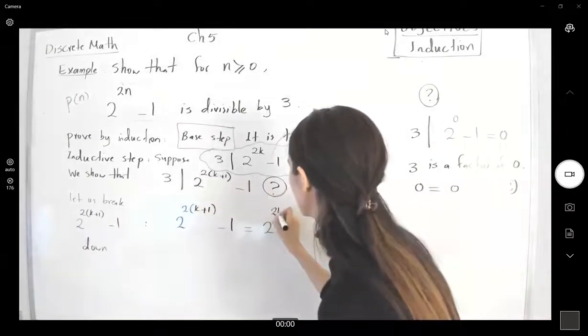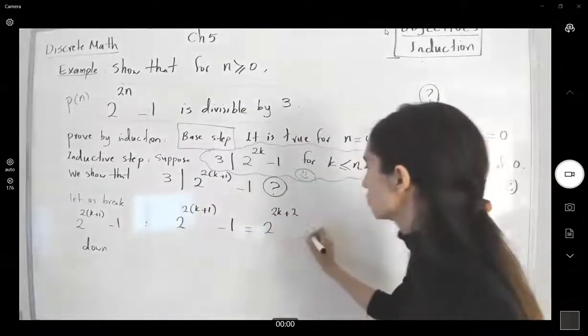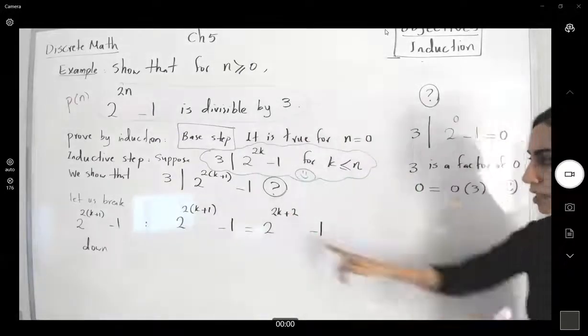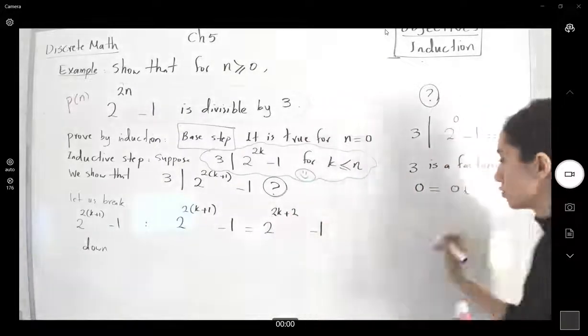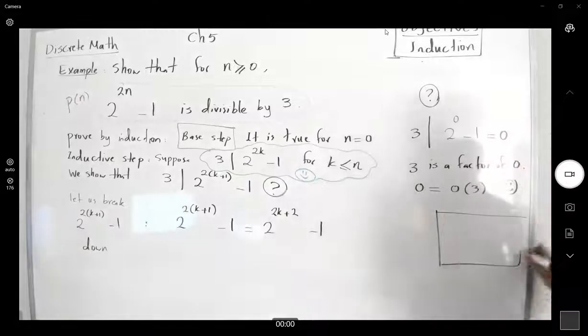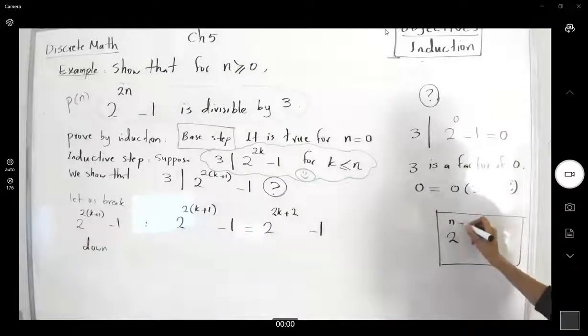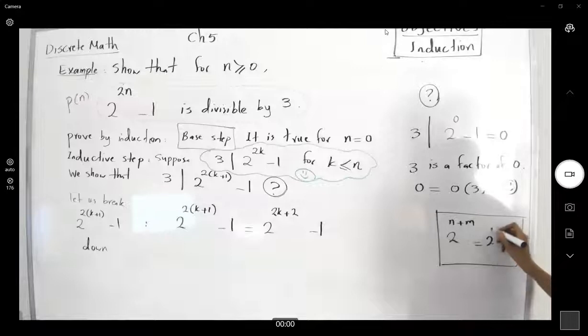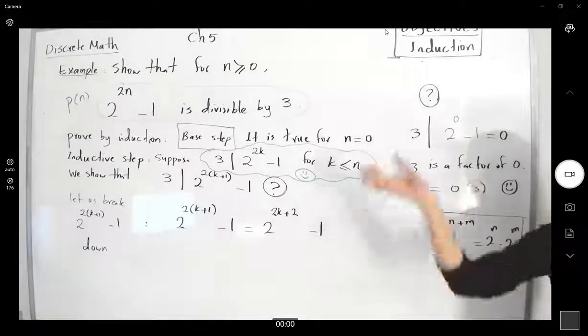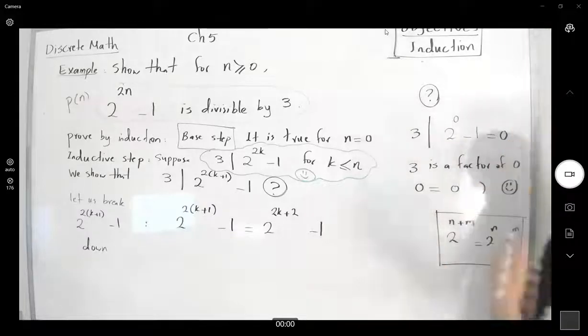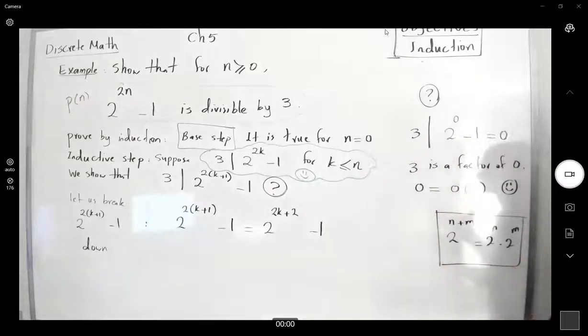2 to 2k plus 2. I'm going to copy down this constant here. Recall that if you have 2 to the power n plus m, this is 2 to the power n times 2 to the power m. So if you have the same base, you can just write one base and add the exponents or vice versa.